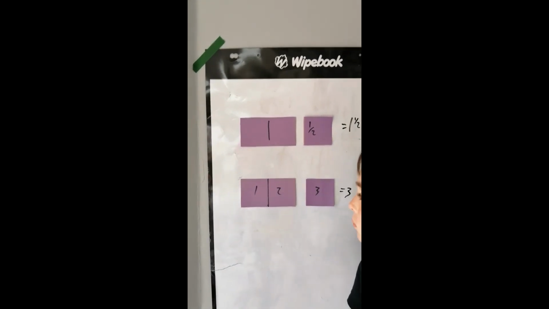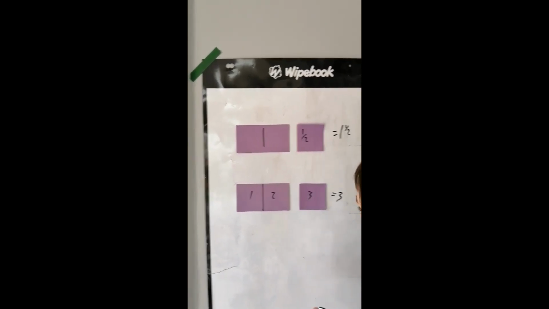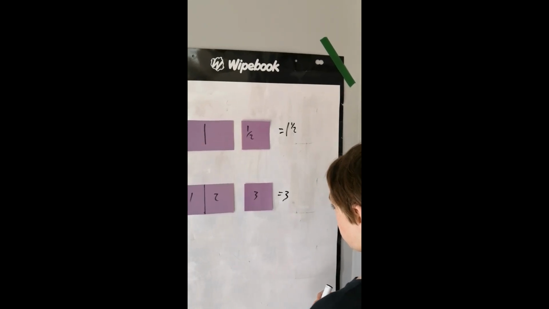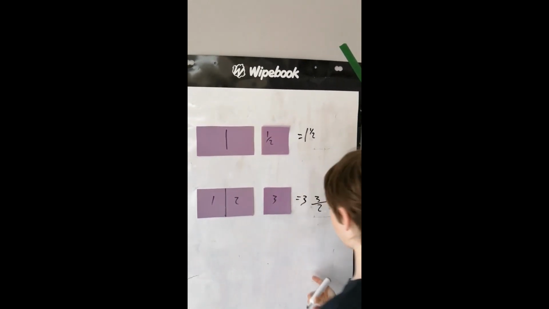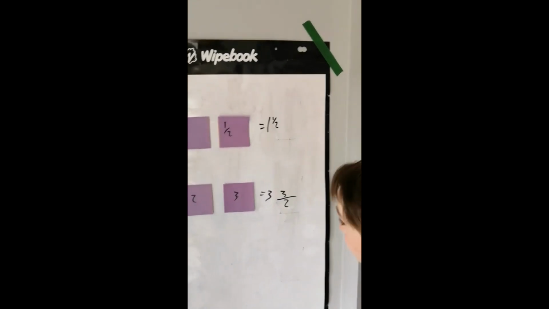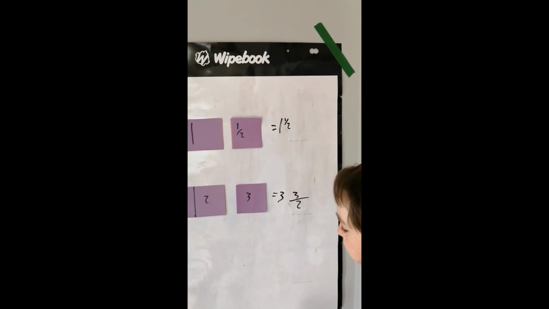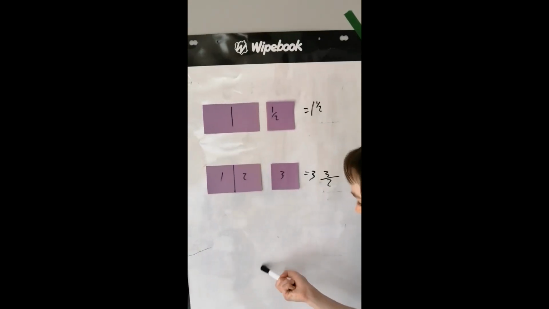Good, which means that I have 3 pieces, each being 1/2, so I have 3 halves. So can you represent that for me by writing 3 over 2? Excellent. So I've now got 3 halves. That's how we say it. We say 3 halves. 1 and 1/2 is the same thing as 3 halves.